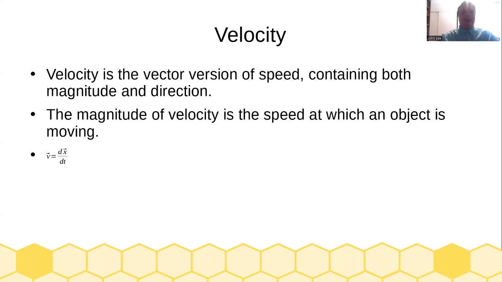That being said, I kept saying velocity when I meant speed, but you know from last lecture that velocity is the vector version of speed containing both magnitude and direction. The magnitude of velocity is the speed at which an object is moving, and velocity is given as the derivative of x, the position vector, over time, or just the change in x over the change in time.